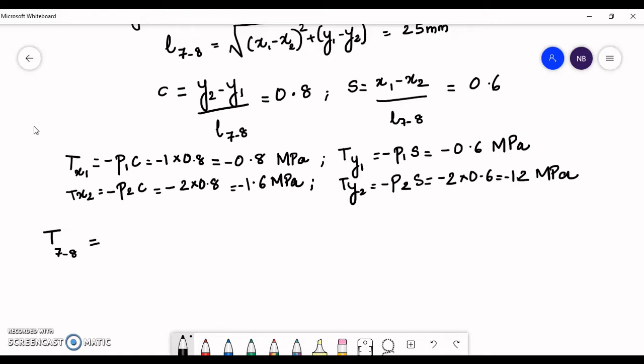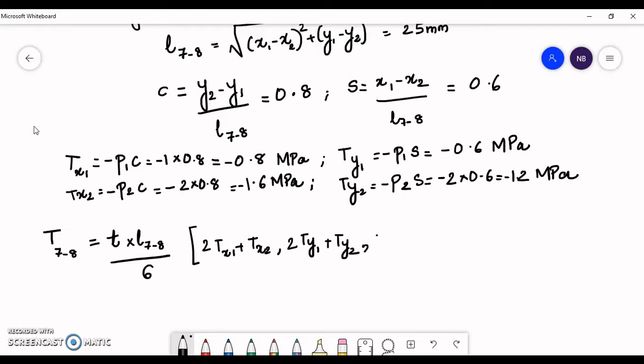The formula is given by thickness into the length of the member upon 6 into 2tx1 plus tx2, 2ty1 plus ty2, tx1 plus 2tx2, and ty1 plus 2ty2, transpose.